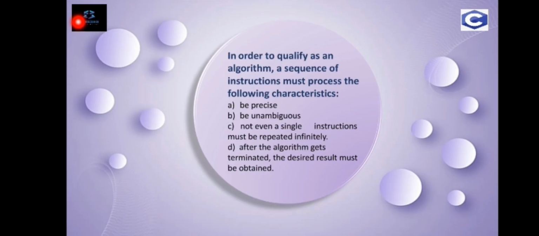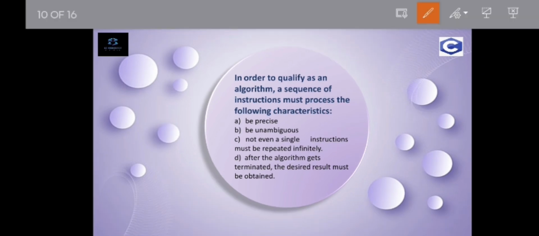We have some rules to qualify as an algorithm. That means if we are writing an algorithm, it should be understood and should be good enough. In order to qualify as an algorithm, a sequence of instructions must possess the following characteristics.